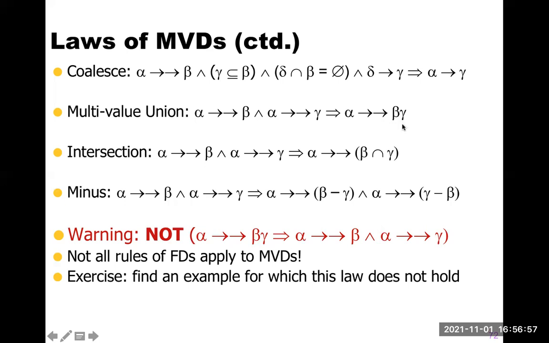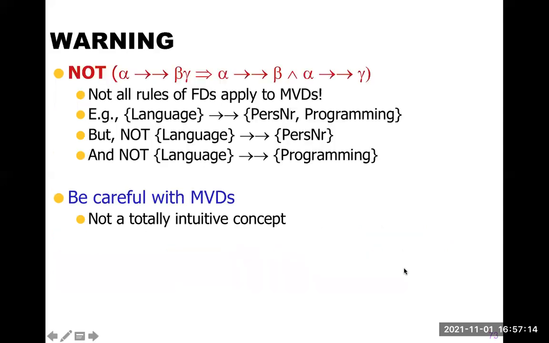In some cases that's possible, but not in the common case. It may happen that only this group of fields depends on the left side, and if we split it, we'll lose this property of multi-value dependencies. So yes, not all rules.